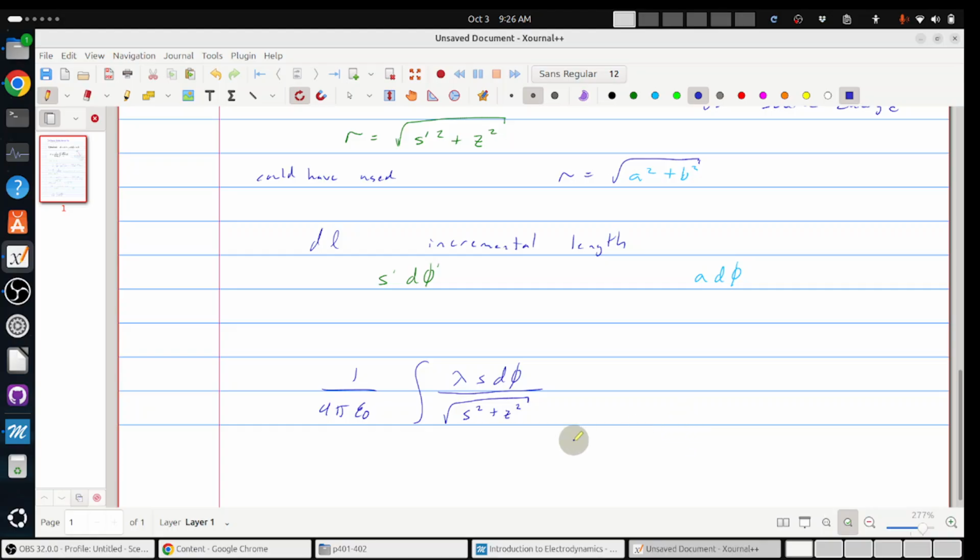And my limits of integration, I have to go all the way around the circle, so that's 0 to 2 pi. And this will give us the potential, a distance z above the center of that circle.